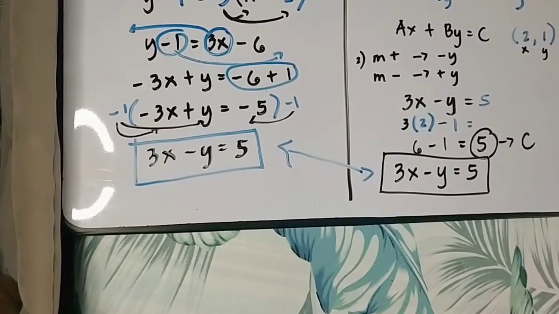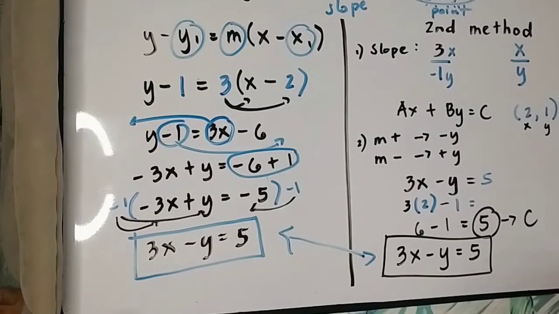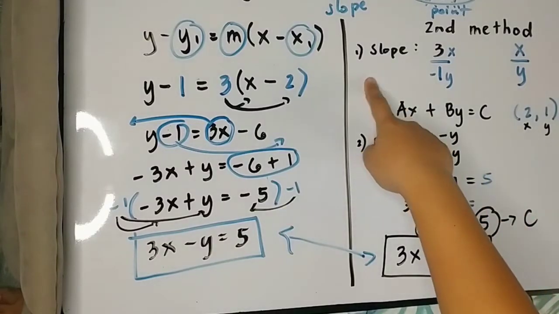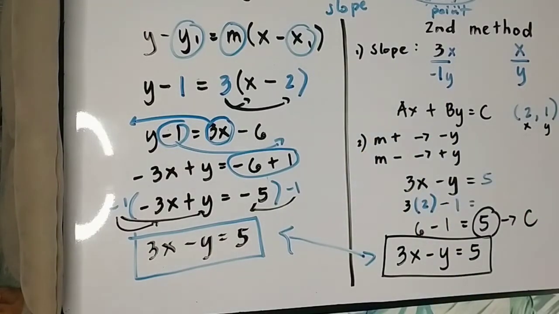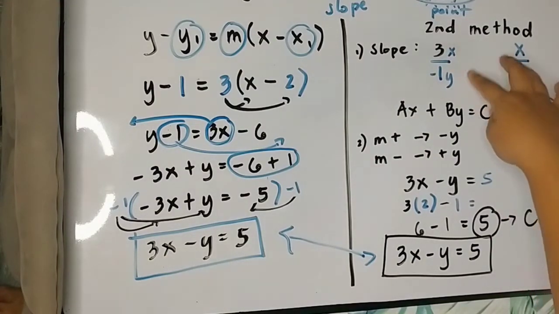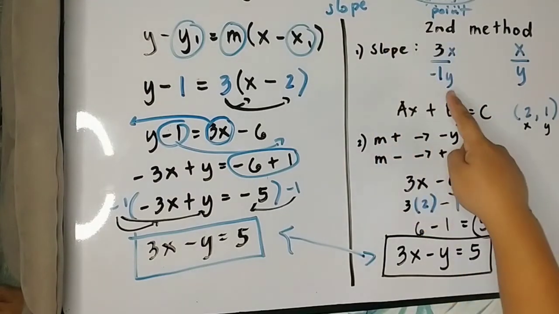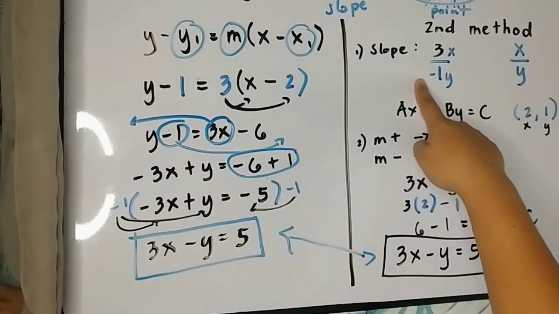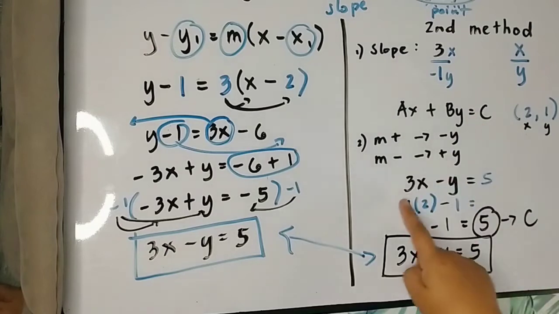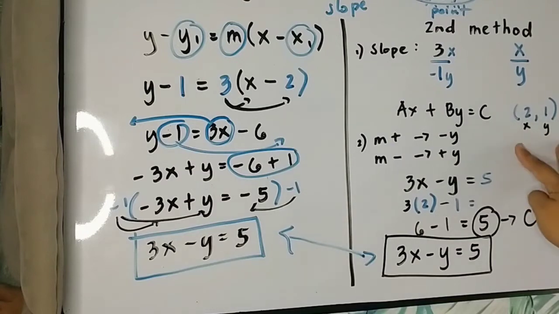Okay. So, again, dito sa second method, ang first step is to identify the slope. Kapag whole number si slope, lagyan mo lang ng over 1. Yung numerator siya yung magiging x, yung denominator si y. Then, kapag positive si slope, negative dapat si y. Okay? Kaya naging 3x minus y. Then, para makuha si constant, gagamitin natin yung coordinates.